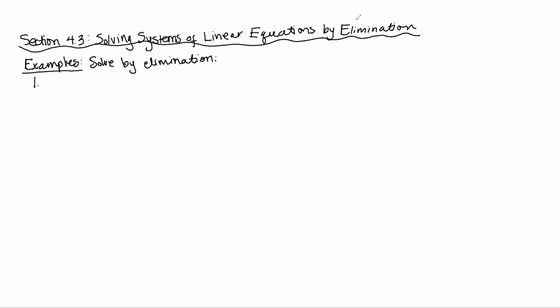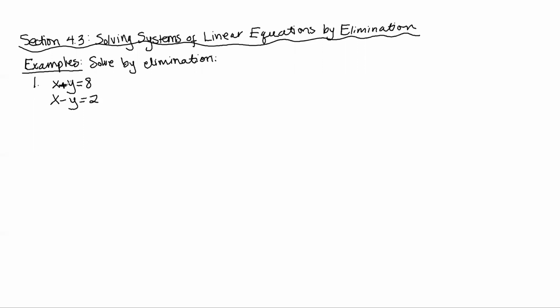So number 1, we're given x plus y equals 8 and x minus y equals 2. So now this one's set up pretty nicely for both equations. The first equation, if you notice, is pretty nice to solve for either x or y. So that makes substitution really nice for this one.